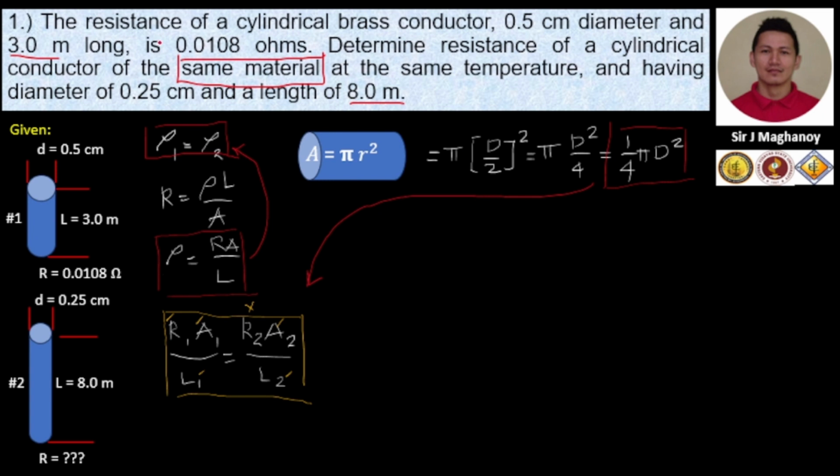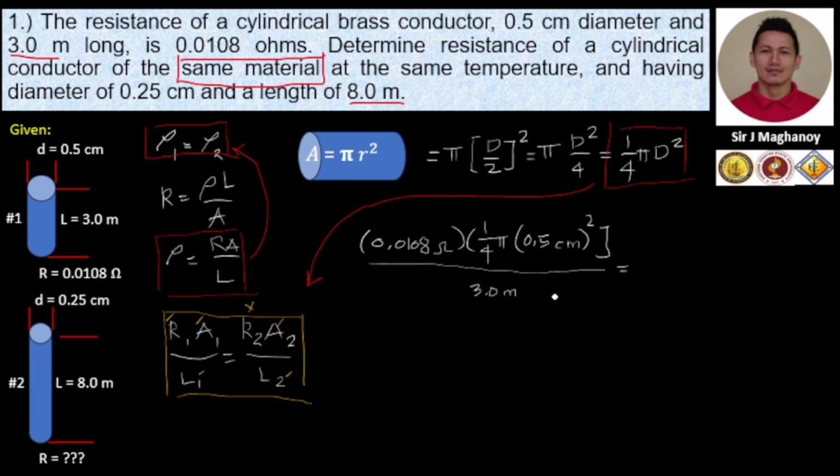This is our formula for cross-sectional area for the cylinder that will be substituted to our equation. Okay, so let's start substituting. R1 is 0.108 ohms times the cross-sectional area, that is 1/4 pi, the diameter is 0.5 centimeter, always include the units, squared, all over the length, which is 3 meters.